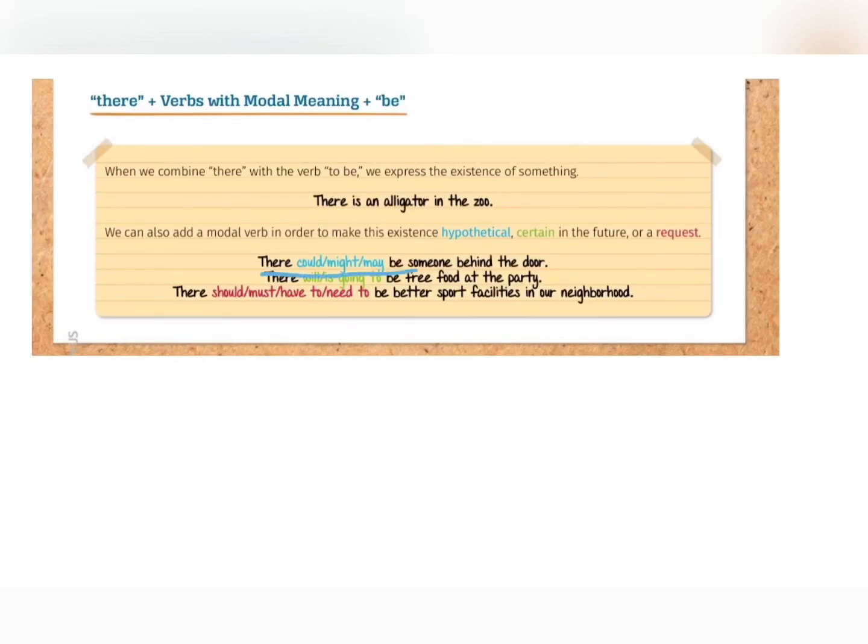And we use them when we want to talk about something hypothetical, meaning that it's not actually real. If we want to talk about something that will probably happen in the future, or it's going to be certain in the future, then we can use will or is going to. And if you wanted to talk about something that you are asking for, a request, then you could use should, must, have to, or need to. Please keep that in mind.